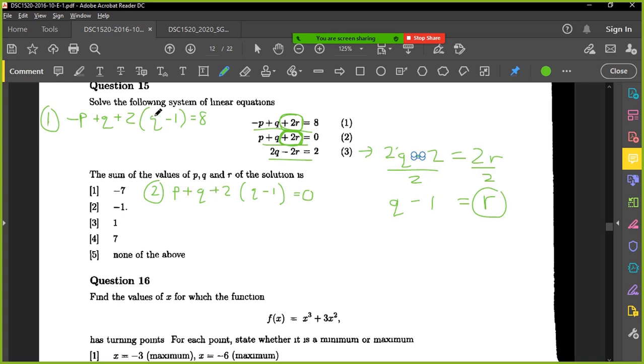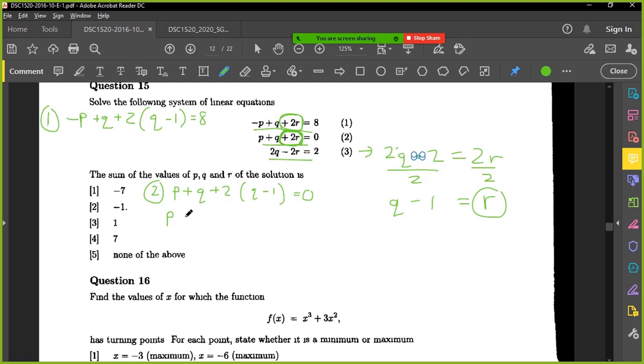So now I'll first do the second one. I'll try to get Q on the left-hand side. So multiply all out. Let's just multiply first.